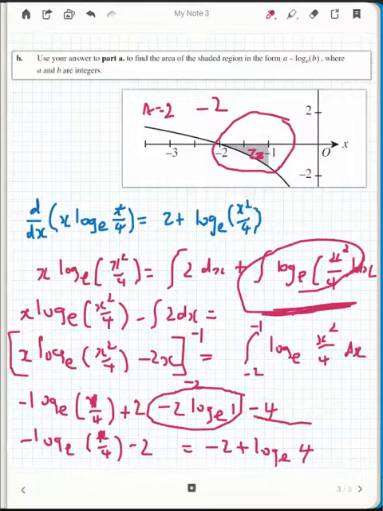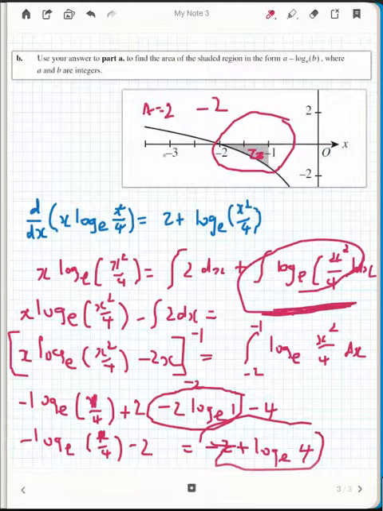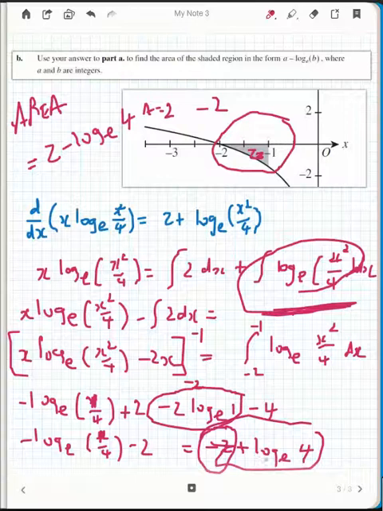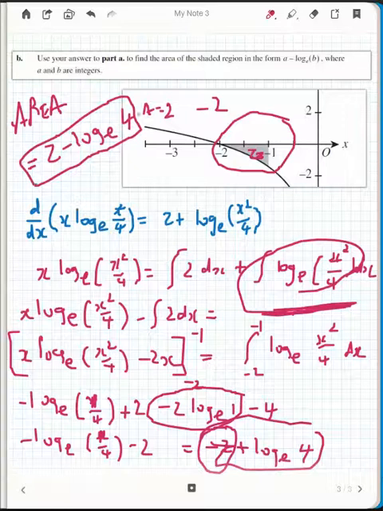Since this is my answer, the area is going to equal the negative 2 will become 2, and that will be minus log base e of 4. Because this negative 2 becomes positive 2, this plus log base e of 4 becomes minus log base e of 4. So that's my answer of the area in terms of the form that they asked me to write it in, which was this form.